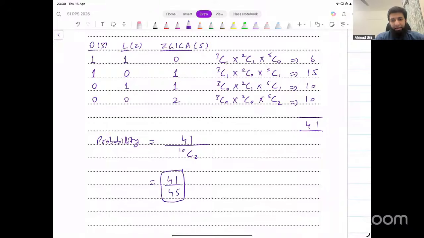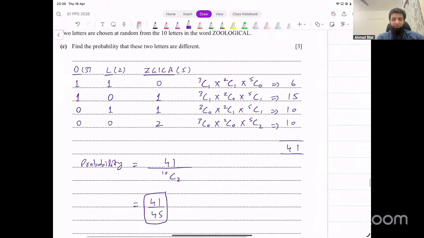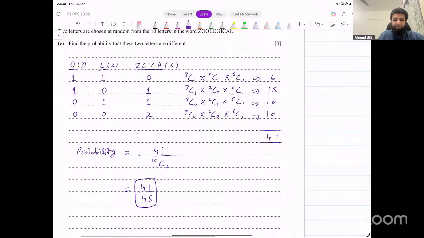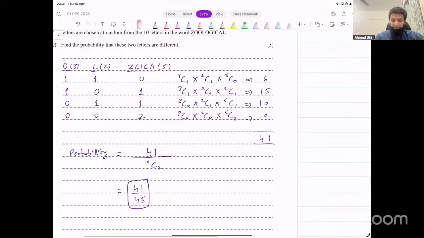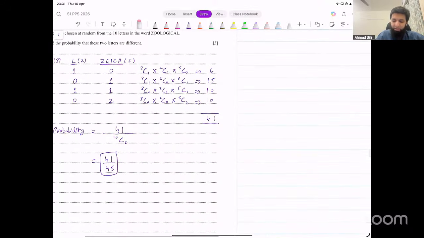Now, this is the standard method that we use for such problems. Combinations, repeated letters, we make cases like these. In this case, since we just were selecting two letters, a tree diagram would also not be very complicated. We could say in the first case, we could have an L or an O or some other letter.